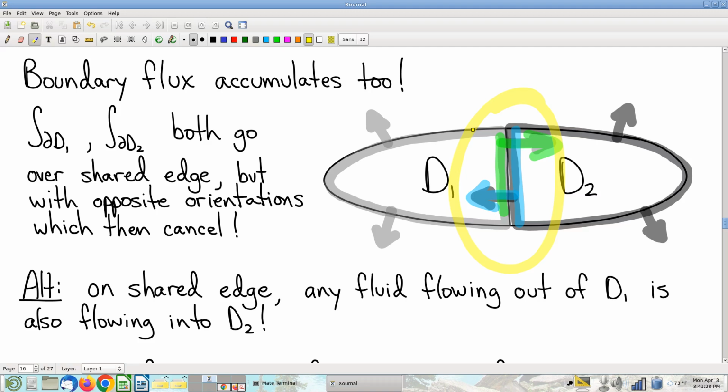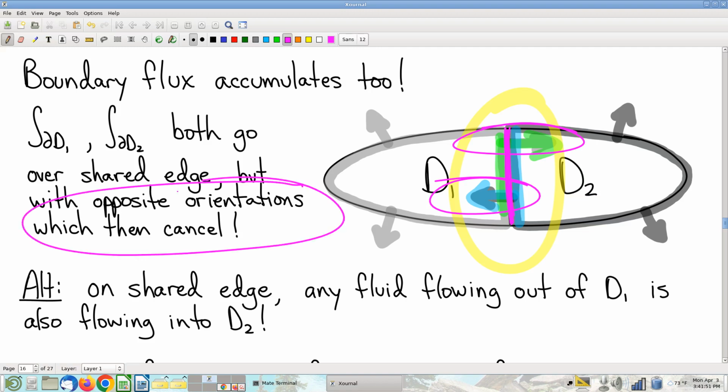And if you look at this impediment, what you notice is that it consists of this edge, right? Flux through that edge, computed twice, once oriented that way, once oriented with the exact opposite orientation, and so those two fluxes cancel.